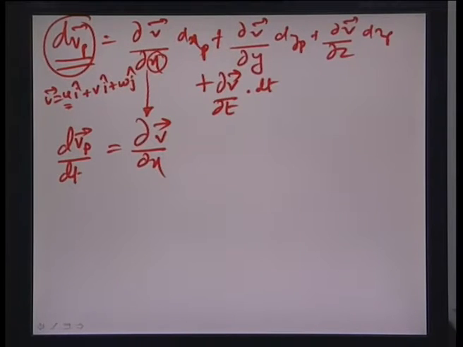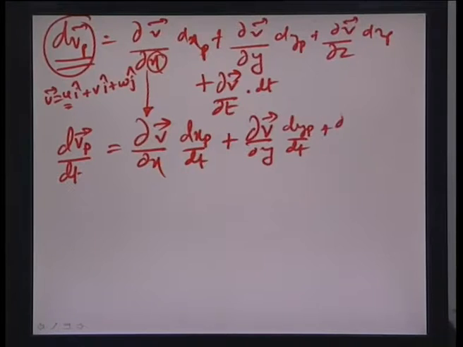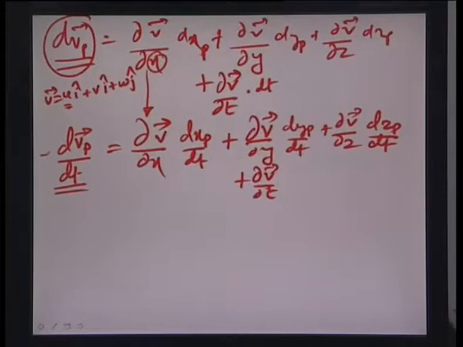That is how you basically represent the velocity vector, while at the position p the vector is time invariant, essentially. So del v by del x times of dxp by dt plus del v by del y times of dyp by dt plus del v by del z times of dzp by dt plus del v by del t is essentially your rate of change of velocity vector of particle p with respect to t.